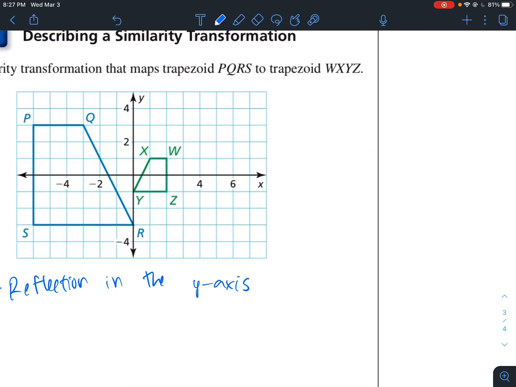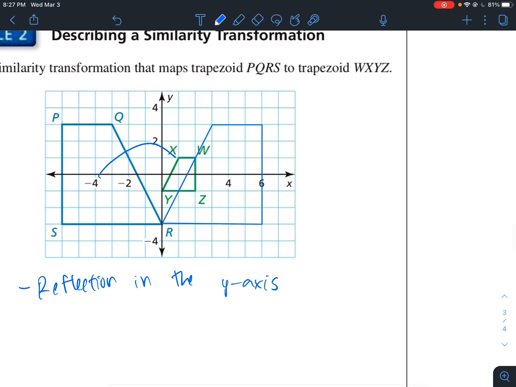So this goes to here, to here, to there. So I'm trying to see how it's mapping from here to here.